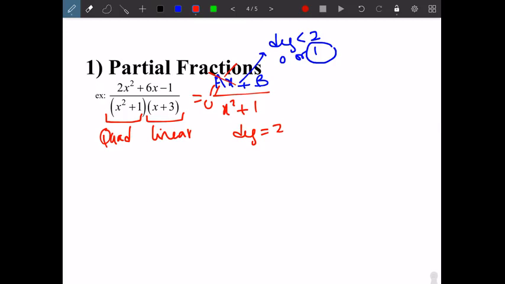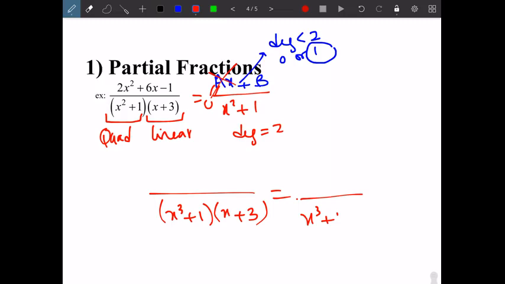So briefly, in case you are dealing with a factor that is cubic, for example, if I had (x cubed plus 1) multiplying (x plus 3), then for the corresponding partial fraction for x cubed plus 1, since this has degree 3, the numerator has a degree strictly smaller than 3, which could be 0, 1 or 2. So we always consider the highest possible degree, which is ax squared plus bx plus c.